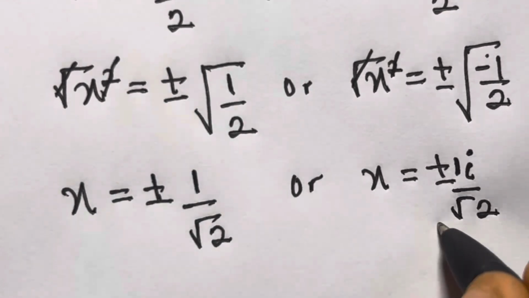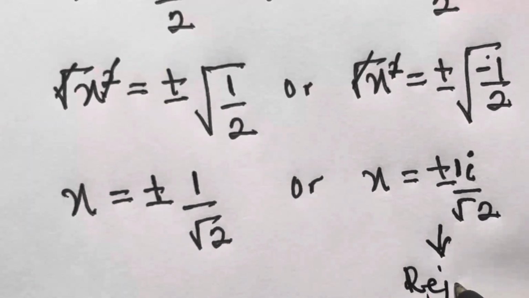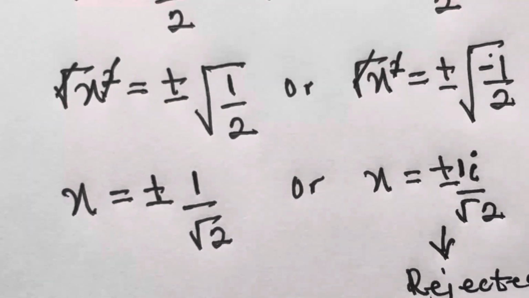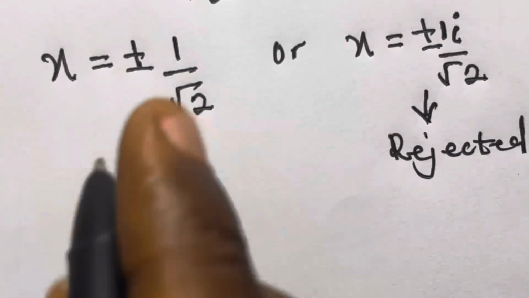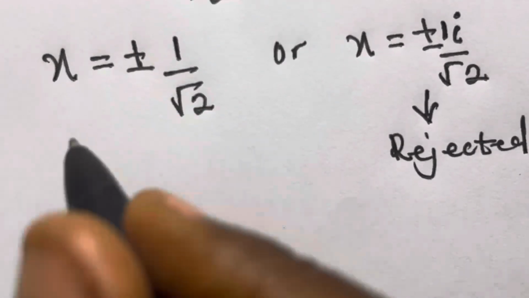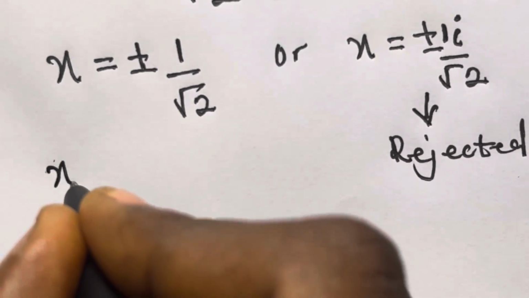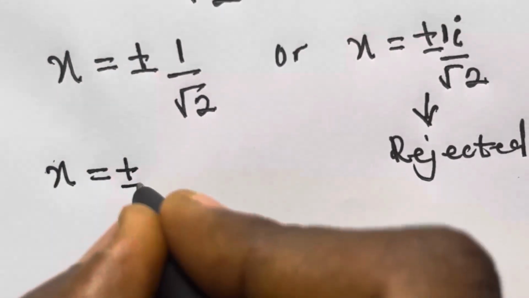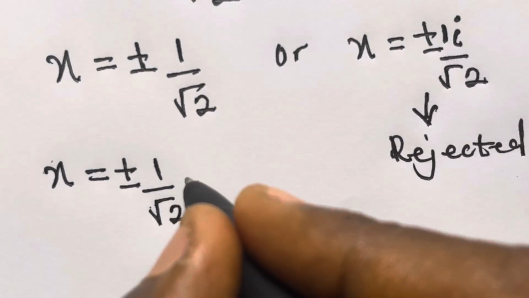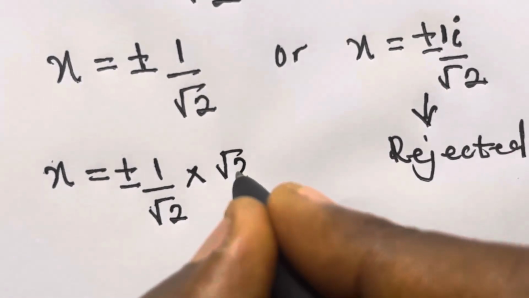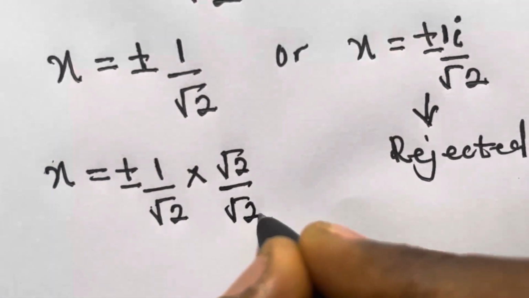Looking at this, you see that this one has a complex number. So let's deal with this. We will have to rationalize this. We have x equals plus or minus 1 over the square root of 2. If we want to rationalize it, we have to multiply the numerator and denominator by this denominator, the square root of 2.